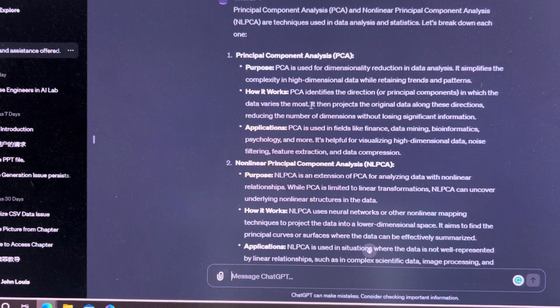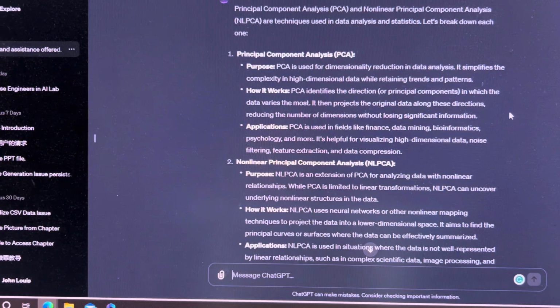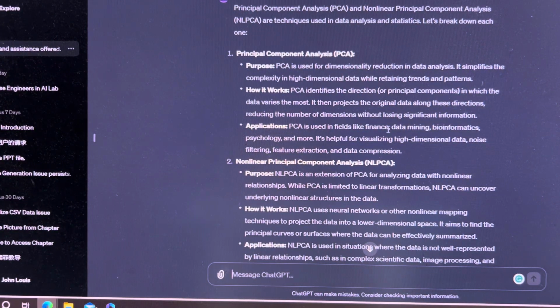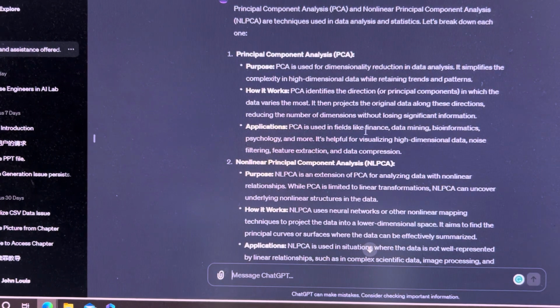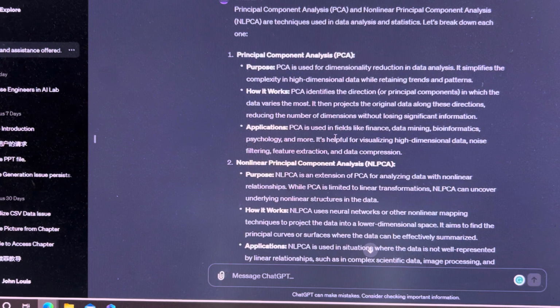It then projects the original data along these directions for dimensionality reduction. Applications can be used for finance, not just for engineering: finance, data mining, bioinformatics, even psychology. I'm an engineer, so I use it for engineering and research and development.